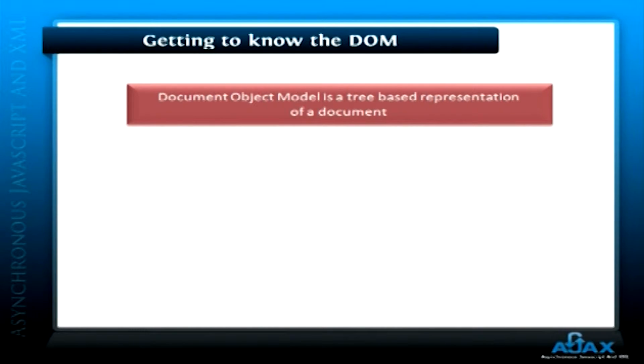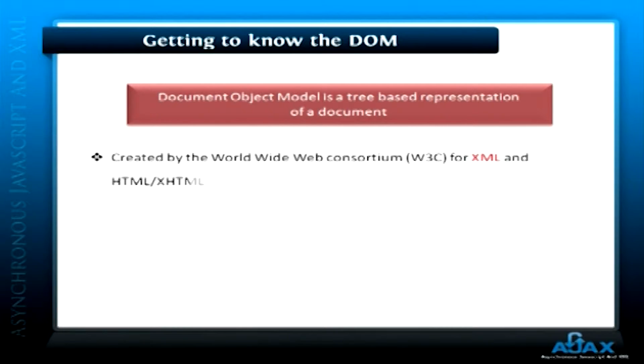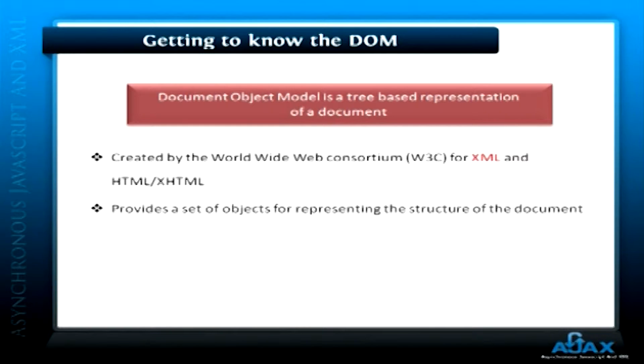This document object model is really just a tree-based representation of a document created by the World Wide Web Consortium, W3C, for XML, HTML, and XHTML. It provides a set of objects for representing the structure of the document, as well as the methods for accessing those objects. Let's see what they are.